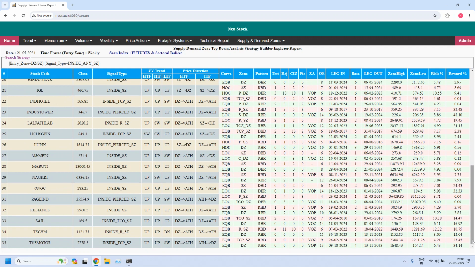So total 35 stocks are filtered where price closed inside weekly supply zone. By studying these stocks, you can select some of them for planning your short trades, either based on weekly income trade or monthly income trade.